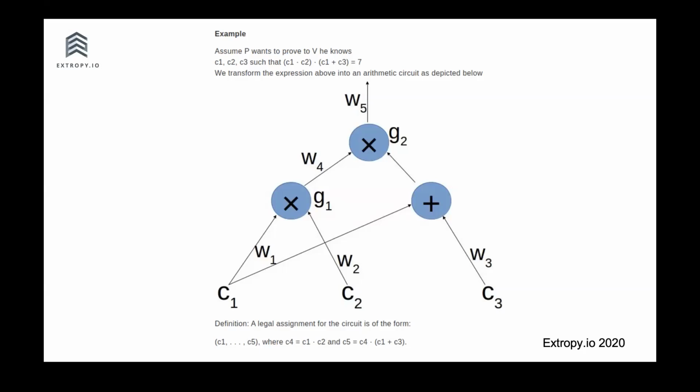And the important thing to remember is that these are a series of constraints. So when the system is set up, if you have put in the correct C values, if you've put in a legal assignment, as we say here, then the system will work. It will evaluate to true. Everything will be correct. But that's not the case if you have a circuit where the C values are incorrect.